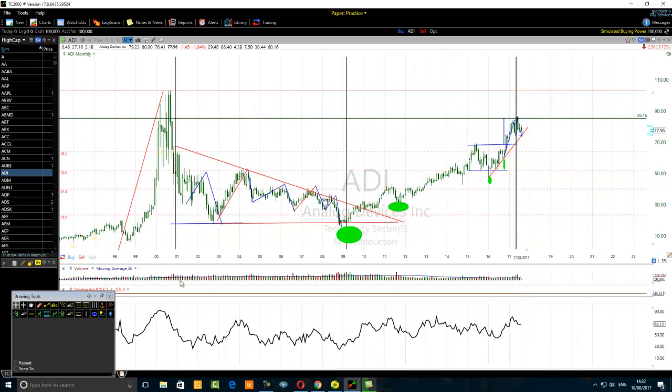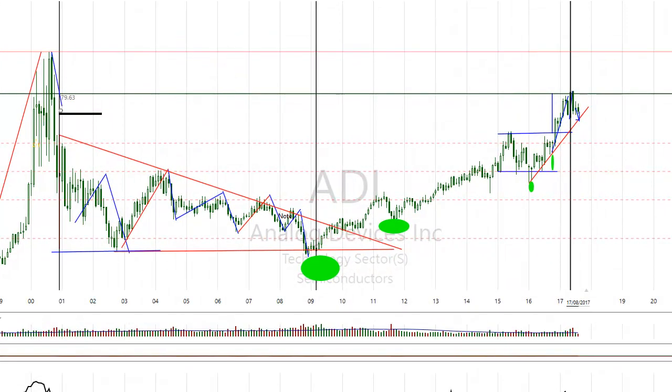As you can see here, this stock had a bullish trend, and then people sold it down. After they sold it down, the price started oscillating in that descending triangle.